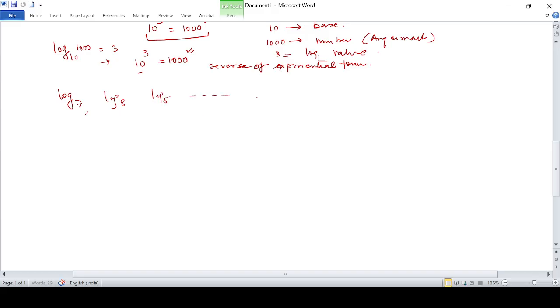But in NEET, for those who are pursuing biology, they are simply given log 10 or sometimes log e. E is the exponent, something like 2.718 is the value of e.